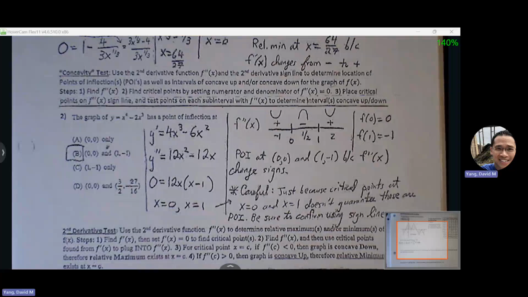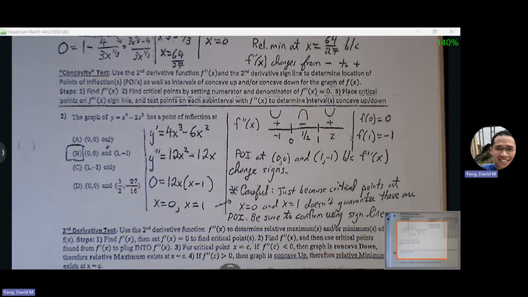Okay, page 13. Trying to find a relative minimum. So go through the first derivative test: find f prime, set f prime equal to 0, find your critical points, populate your slope sign line, and test each subinterval. A positive value would be positive slope, negative would be negative slope.